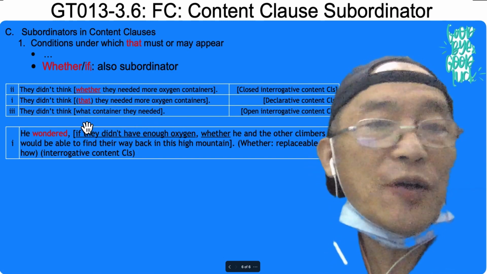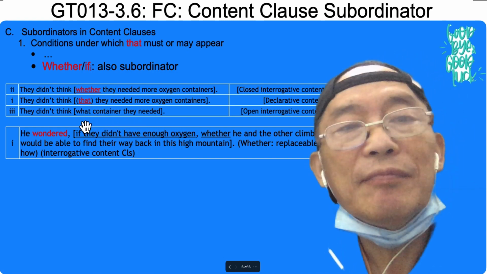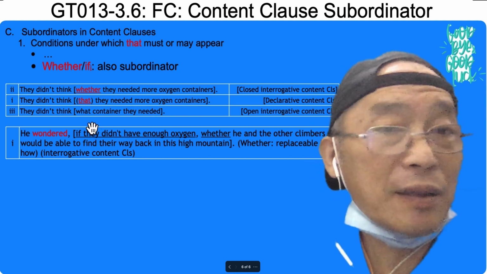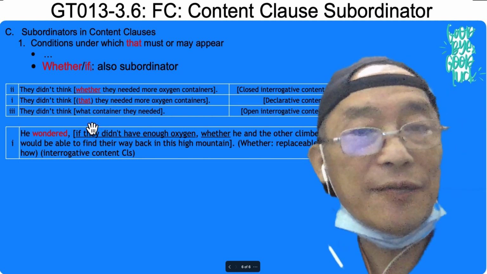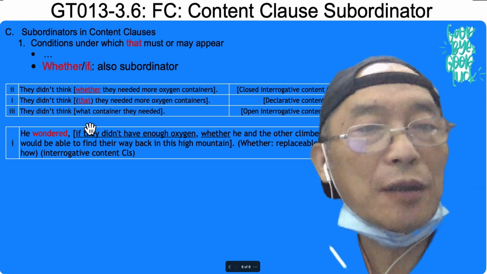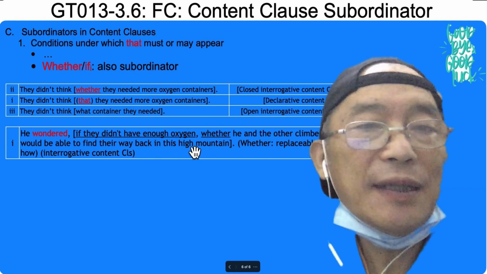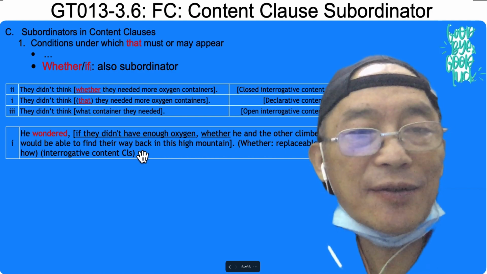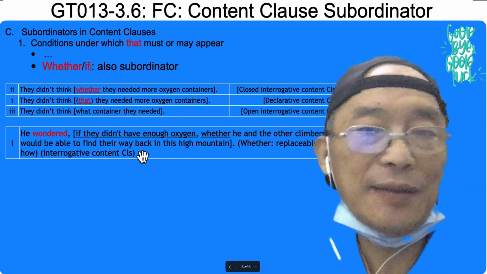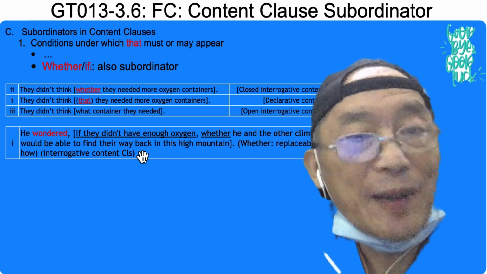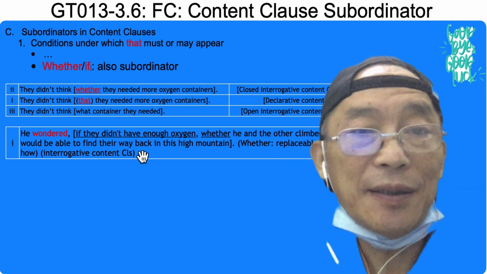Yeah, another kind of open interrogative clause. And this is a kind of marker for an open interrogative content clause. Again, we have an adjunct that's downgraded to become a supplement.